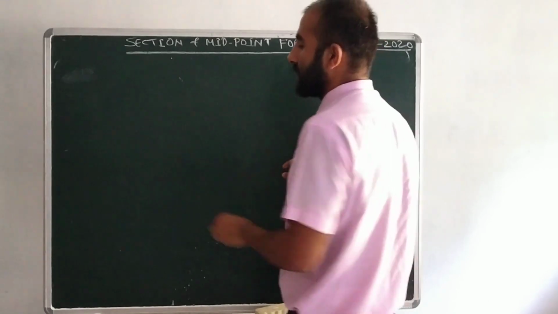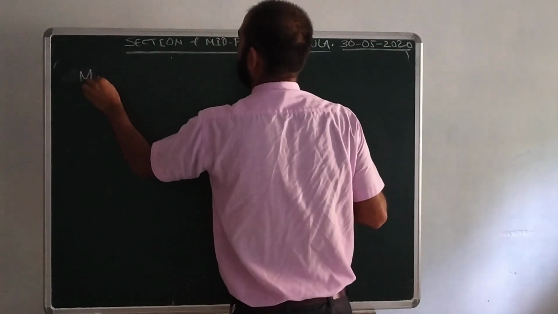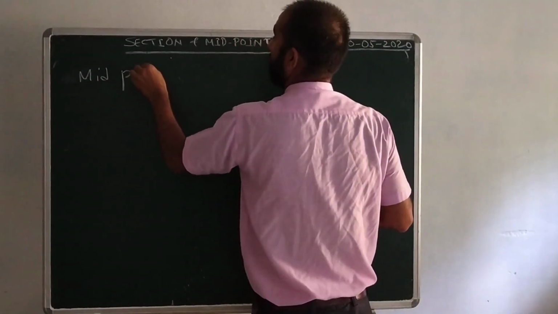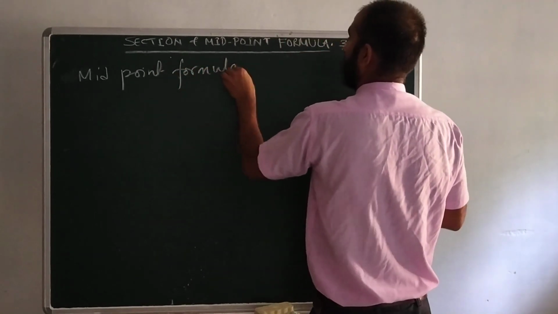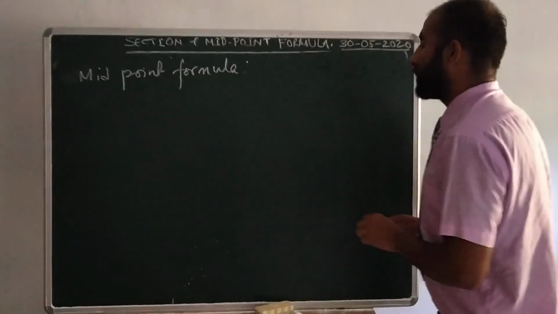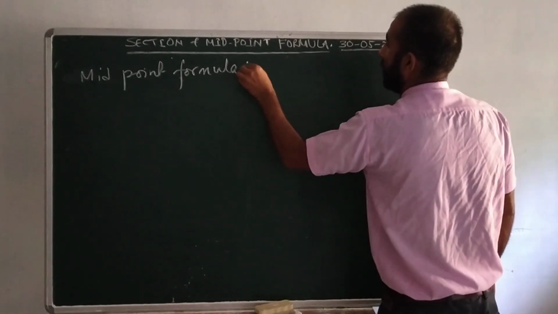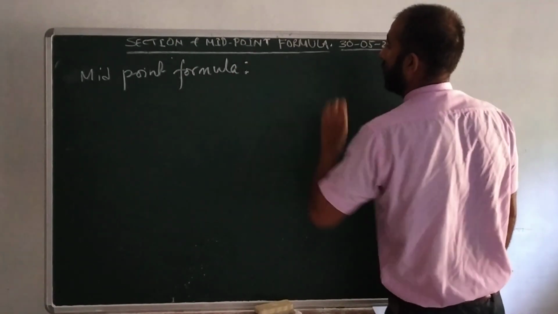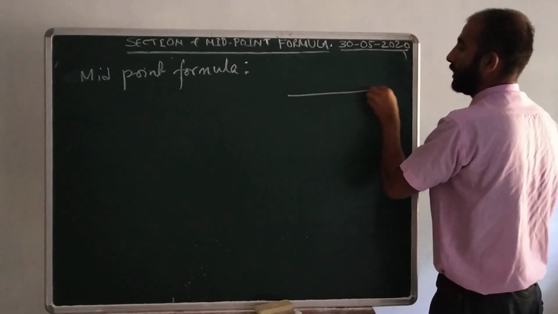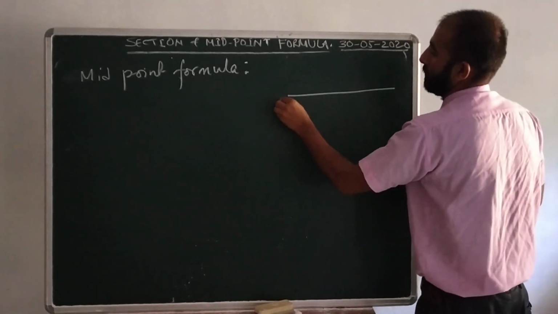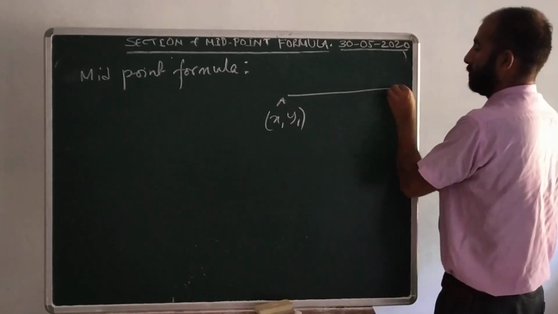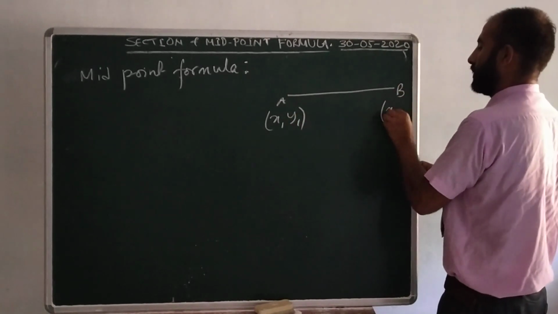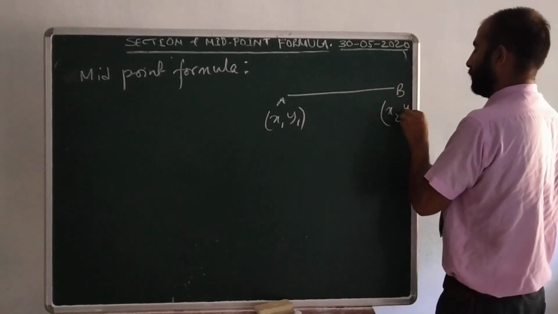Okay, let us discuss now midpoint formula. Suppose we have got 2 points A, x1 and y1, B, whose coordinate is x2 and y2.